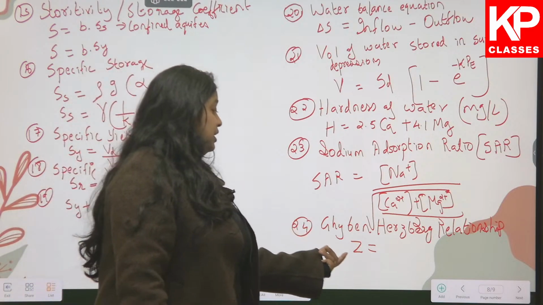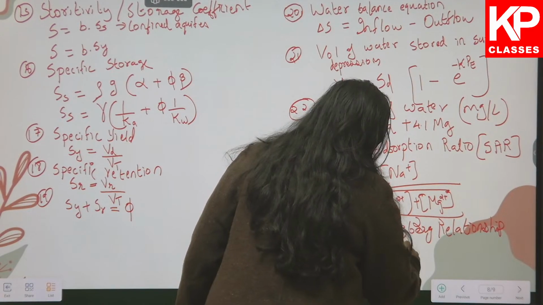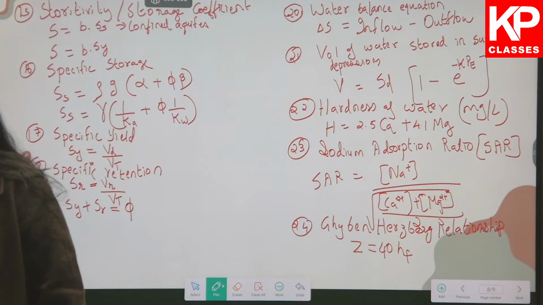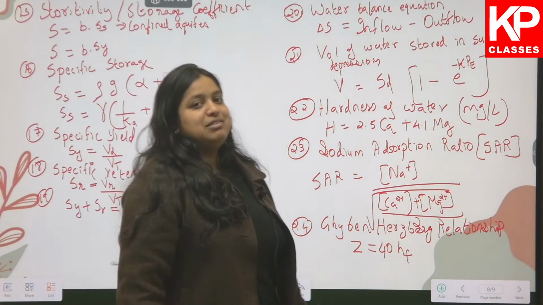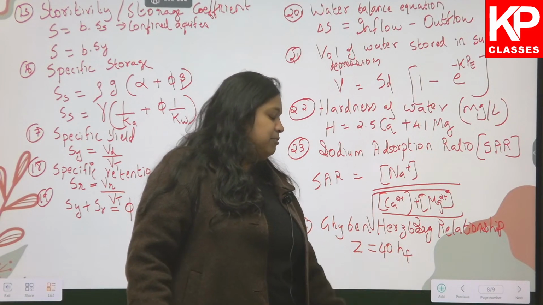Z is equal to 40 times HF, where HF is the height of the water table from the mean sea level.